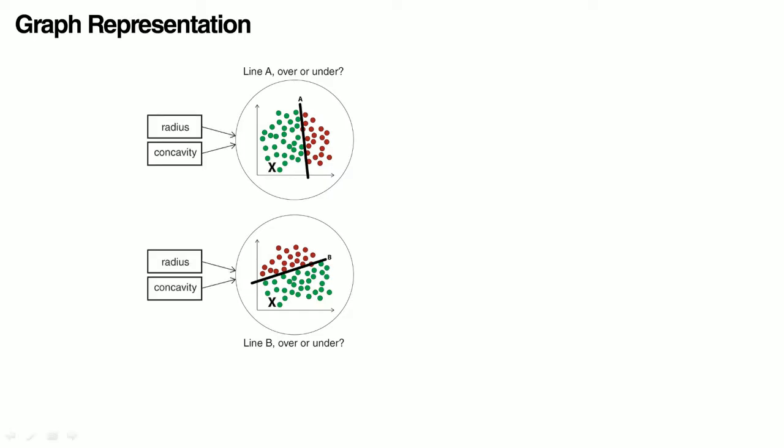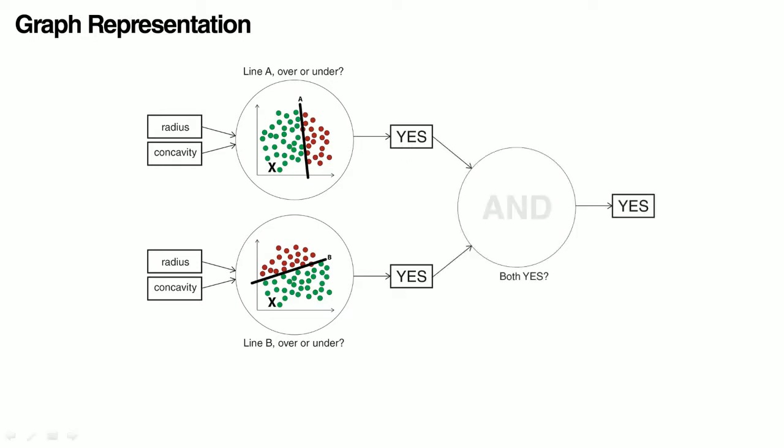And what we'll do is essentially provide each node with the 2 features, the radius and concavity in this case, in order to plot a new point which we would like to classify, denoted here by the X. The nodes eventually answer these respective questions and spit out two yeses in this case. And we will then have a third node that will take the inputs of the 2 previous nodes and perform a very simple logic AND operator. So if they're both yes, then this node would also spit out a yes. And so we've classified this given data point as benign.